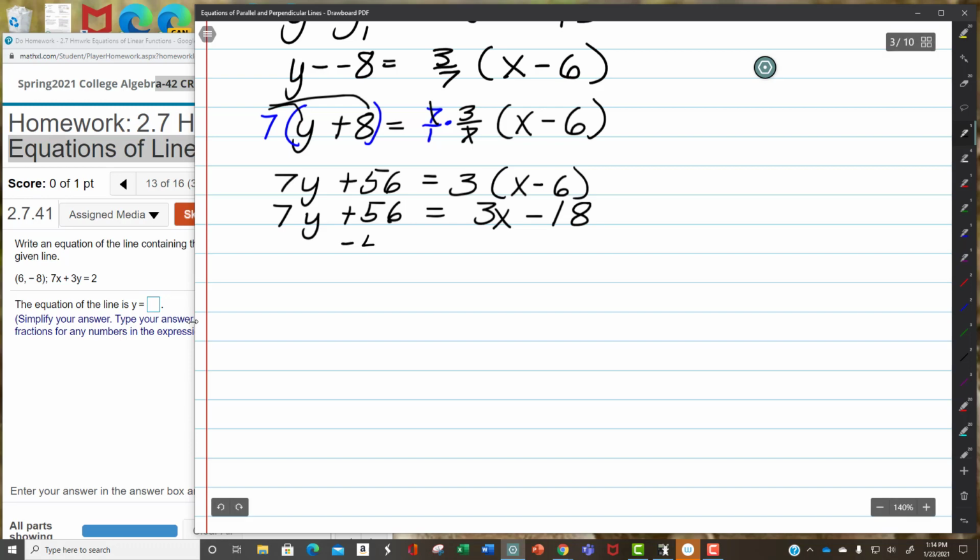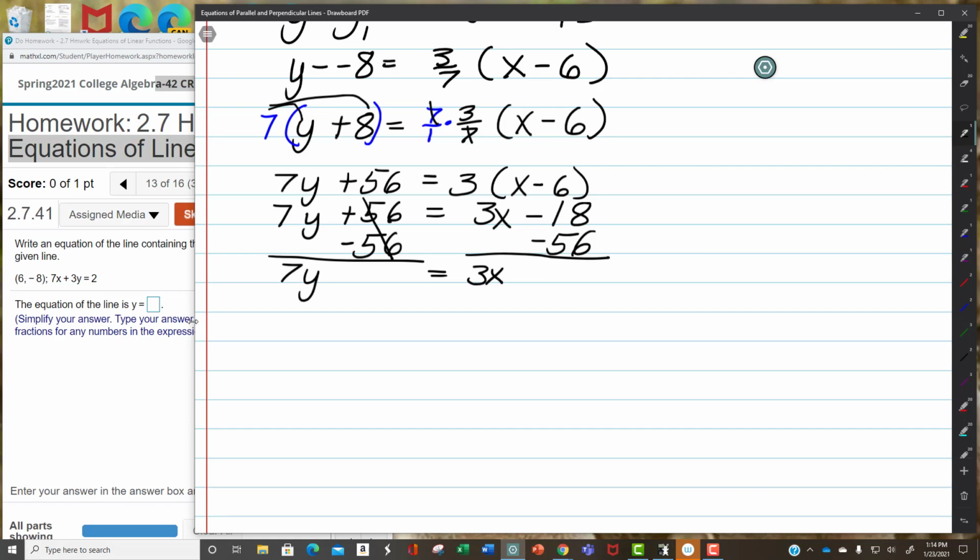Now subtract 56 and subtract 56. Seven y equals 3x minus 18.